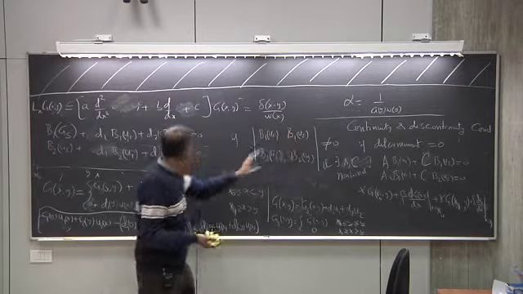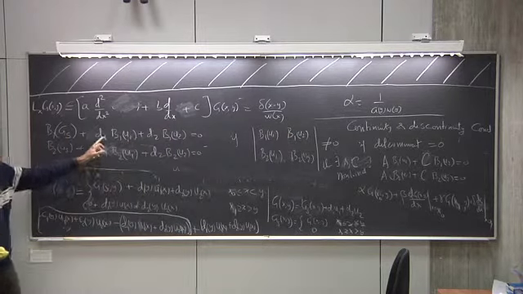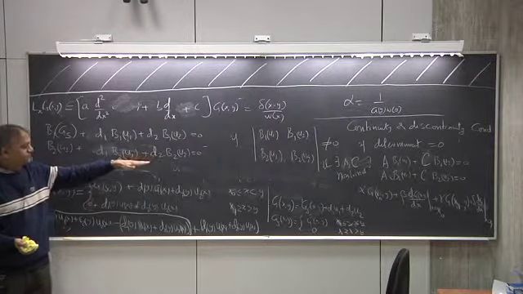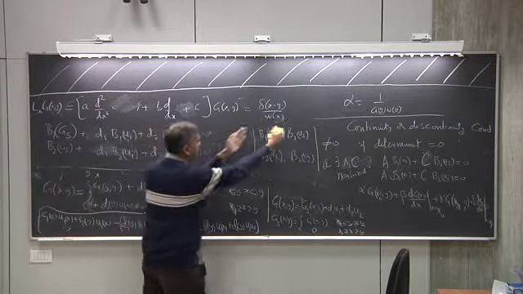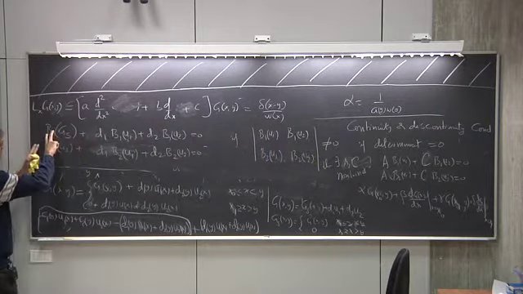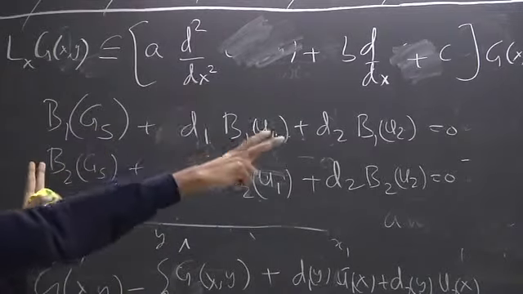So when this is not 0, this is uniquely fixed because D1, D2 is determined uniquely. You can just write this equation as this matrix acting on the coefficients D1, D2 equal to, taking it to the other side, the inhomogeneous piece.